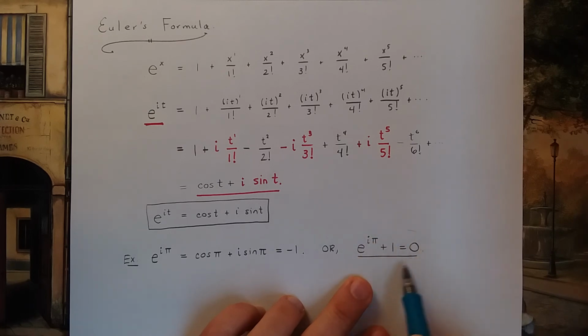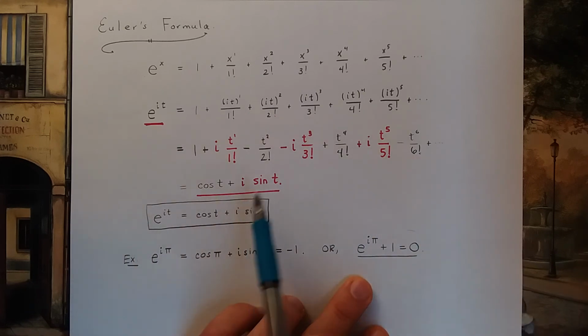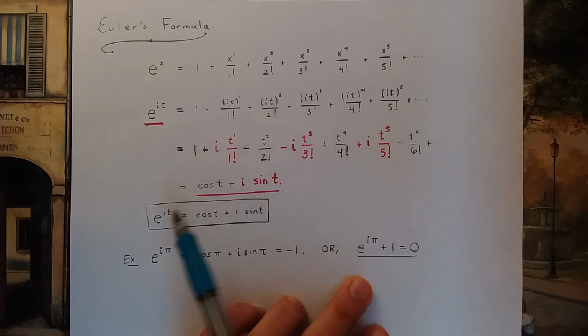These are just 1, 2, 3, 4, 5. The top 5 mathematical constants that you could even think of. And they're all related by this very simple equation. So that's Euler's formula, a really, really great result.